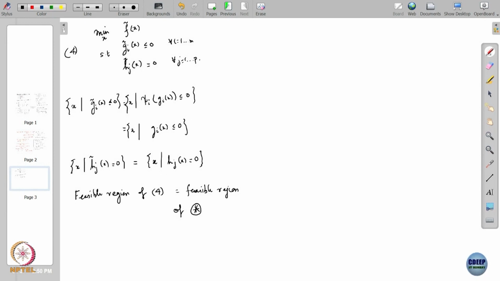What about the objective? The objective has been transformed through a monotone increasing function.